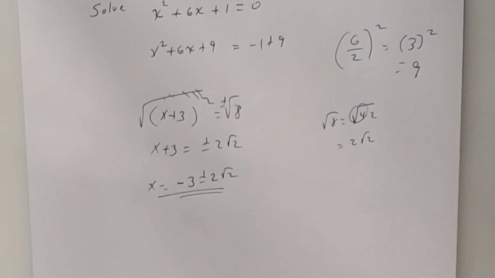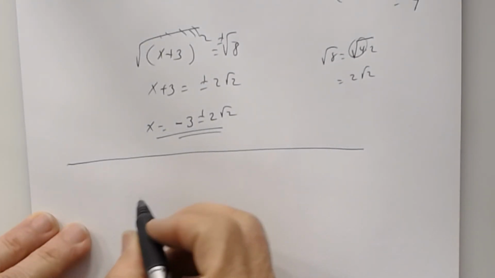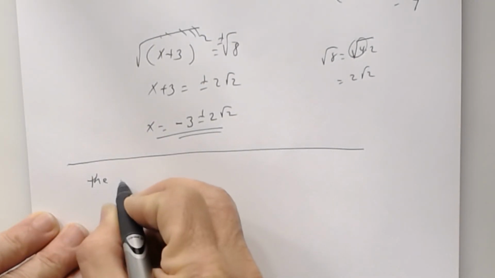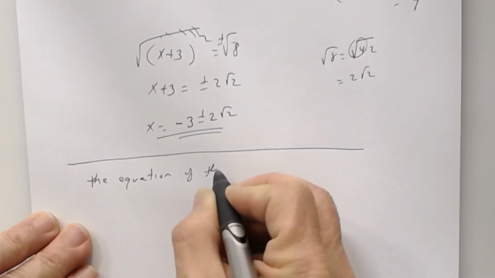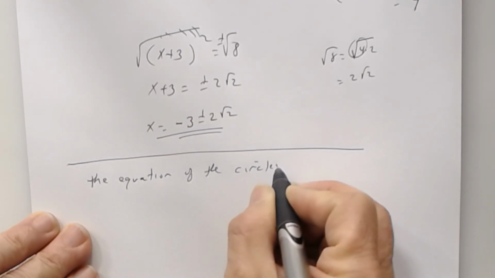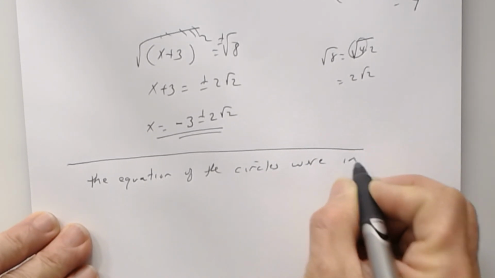Now, let's go back to circles. At this point, the equation of a circle, if you go back through all the problems we've done, has been written in standard form.